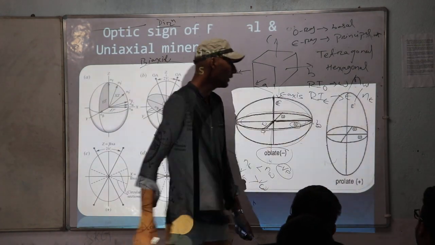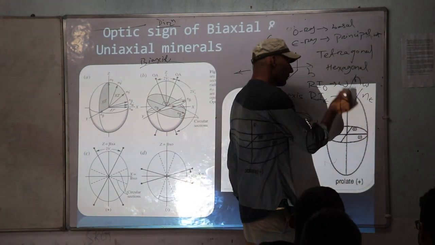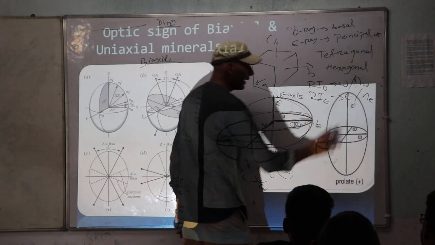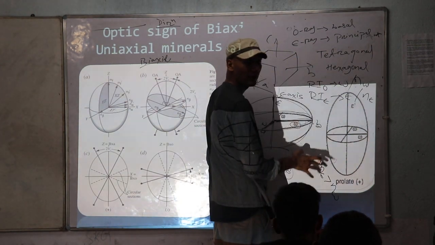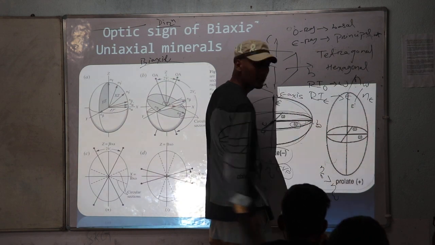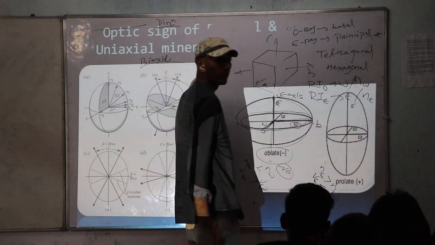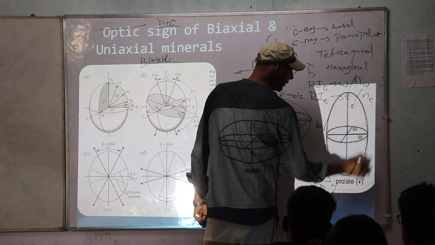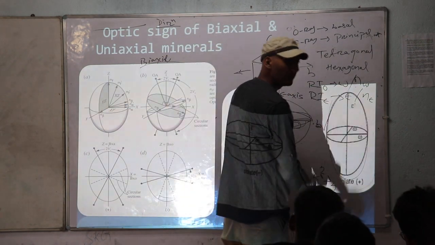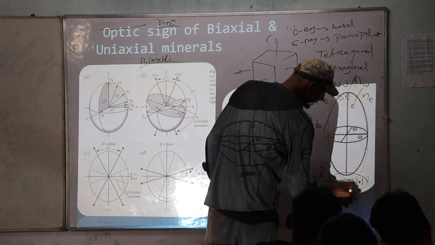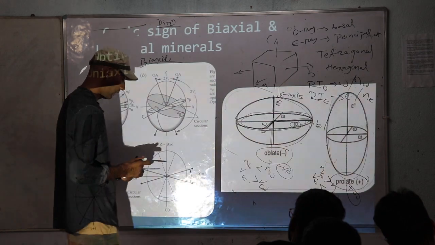Talking about this ellipsoid, here you can see this is the refractive index of the O ray and this is the refractive index of the E ray, right? And here you can see n epsilon is greater than n omega. That means the refractive index of the extraordinary ray is greater than that of the ordinary. So velocity of E ray is smaller than velocity of O ray. So that will show you a prolate ellipsoid, because it is vertically expanding and horizontally compressing. So that is prolate, which is defining a uniaxial positive mineral.